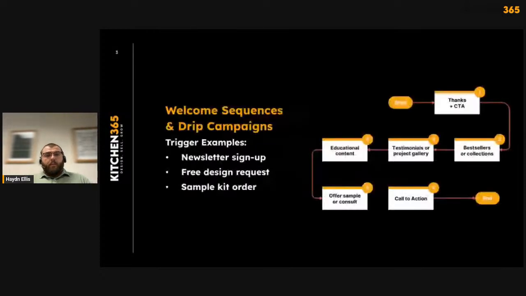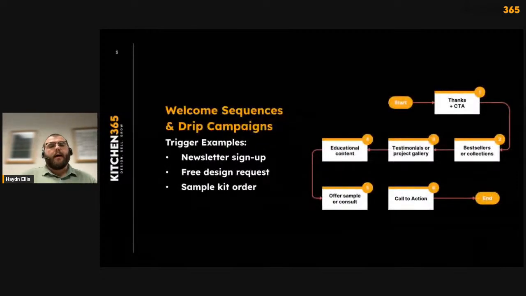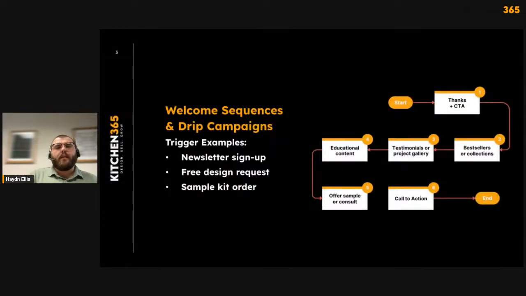So we'll start with our welcome sequences and drip campaigns. A few of the trigger examples that I've listed here: newsletter signups, free design requests, sample kit orders. These are all reasons why people should start to receive these sorts of emails. And here I've also given just a rough example of the sort of sequence that one might set up.